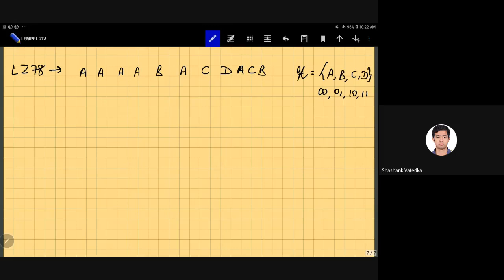So the LZ78 parsing would be what? Right. So it's A, AA, AB, AC, D, ACB. Right. And how are these encoded?